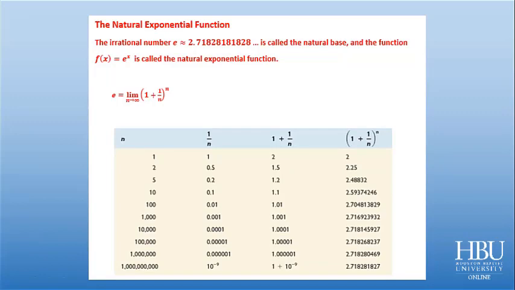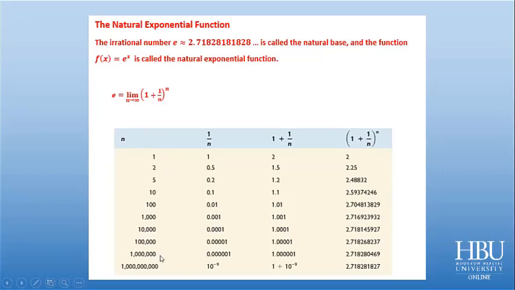You know pi is also an irrational number that occurs quite frequently in a lot of mathematical problems. e does as well. e is the limit as n approaches infinity of the expression (1 + 1/n)^n. If you look at this chart, I've taken n to be 1, 2, 5, 10, 100, 1,000, 10,000, 100,000, a million, and so forth.